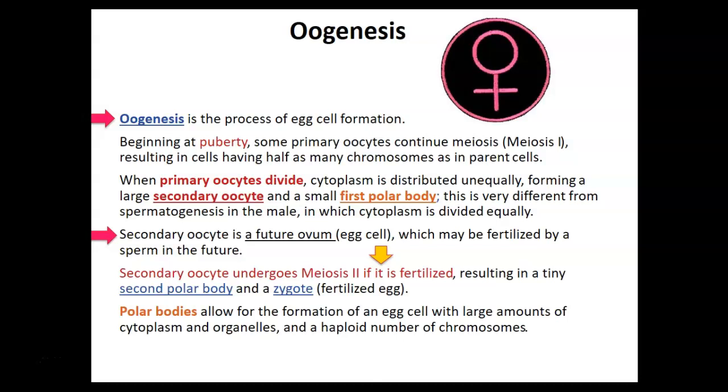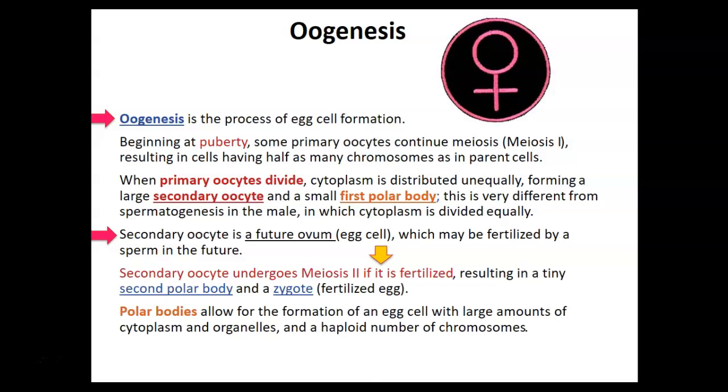So starting at puberty, some primary oocytes continue on with meiosis 1. Until this point, you really just have precursor or progenitor cells that are just kind of hanging out in stasis. When a young girl is in her childhood years, her reproductive organs, meaning her ovaries, are just kind of in a stasis-like state.